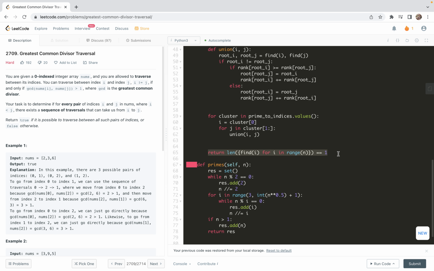And after that, we do the problem logic. So for those prime numbers involved in the problem, we associate them with the corresponding indices, right? And then we use the union find operation to examine if they are in the same cluster, right? So this is the problem logic.